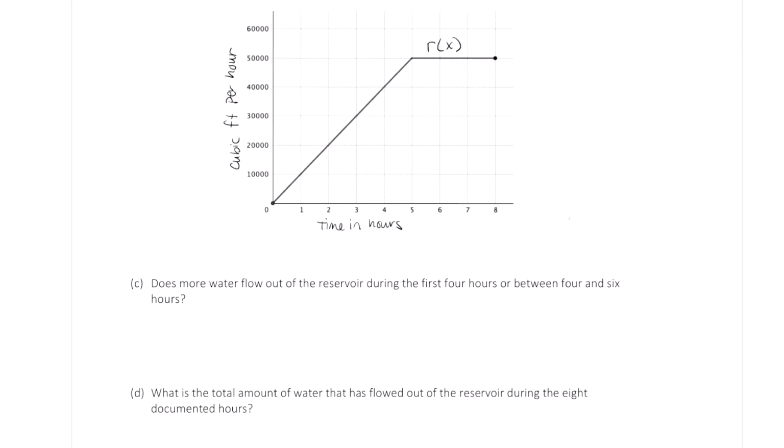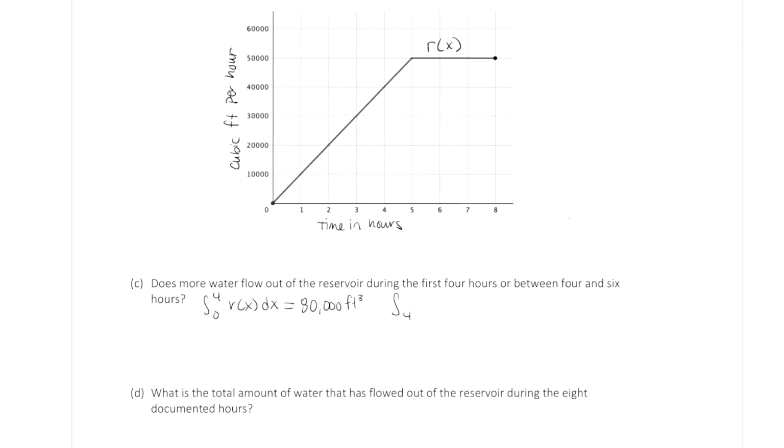Okay, so as you can see, I went ahead and redid my screen here so you could see parts C and D, but on your paper, they're still going to be on one page. So for part C, does more water flow out of the reservoir during the first 4 hours or between 4 and 6 hours? If you recall, during the first 4 hours, the integral from 0 to 4 of r of x dx was equal to 80,000 feet cubed.